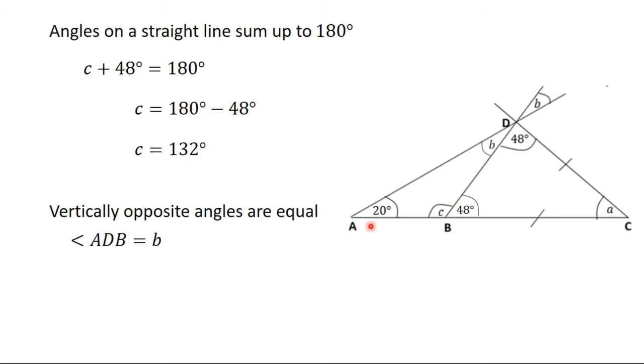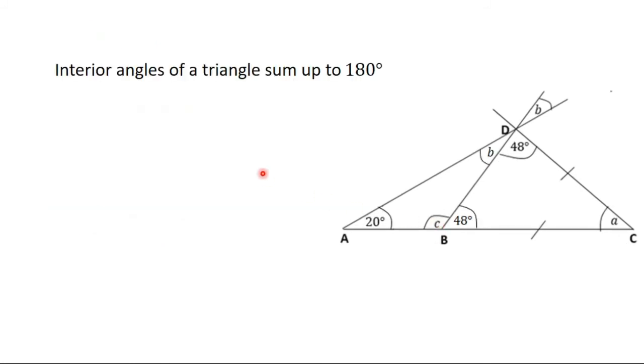Now look at this. We know here to be 20 degrees. We have found C to be 132 degrees. We know that the interior angles of a triangle sum up to 180 degrees. So 20 degrees plus C plus B, which are the interior angles of the triangle ADB, must give us 180 degrees.